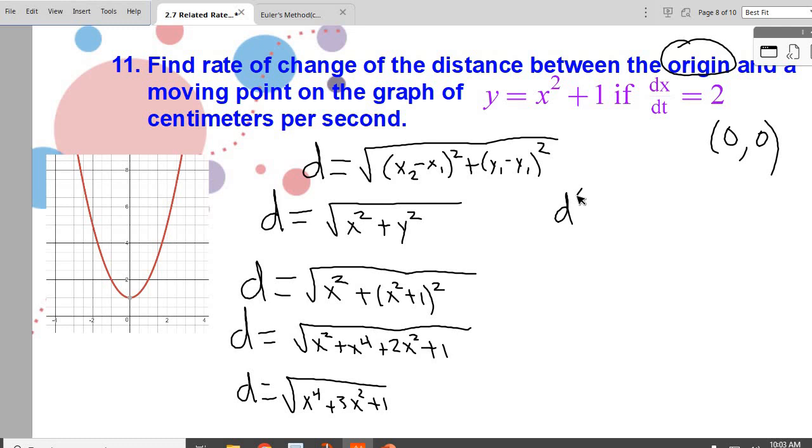That is your rate of change of your distance, d prime, equals, what are we going to have to do here? Chain rule. So it's going to come up front: a 1/2 times x to the 4th plus 3x squared plus 1 to the negative 1/2 power, times 4x cubed plus 6x.